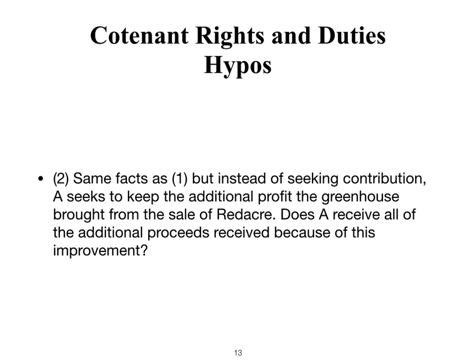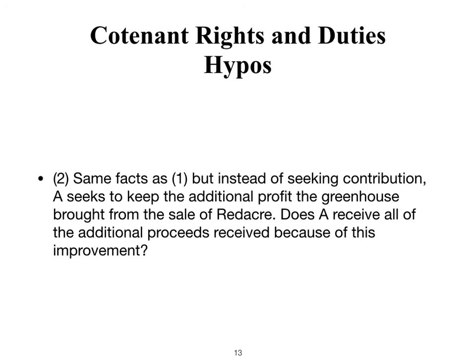Well, A gets to keep some of the additional profit, right? They get to keep the profit from the greenhouse because they built it. So co-tenants don't have the obligation to contribute to any improvement on the property, but when one co-tenant makes the improvement, she can recover the value added to the property, not the amount expended, the value added.